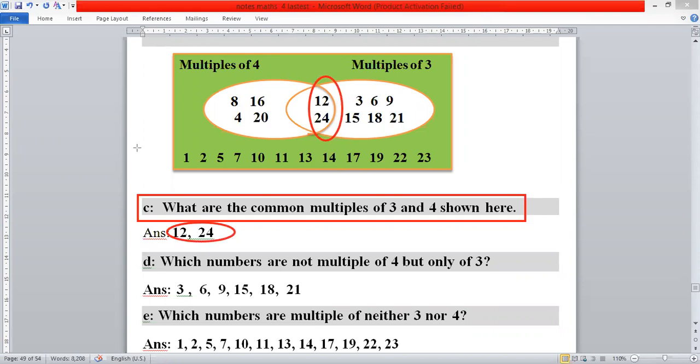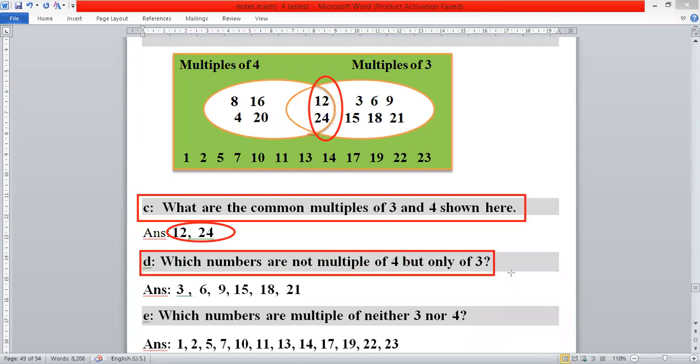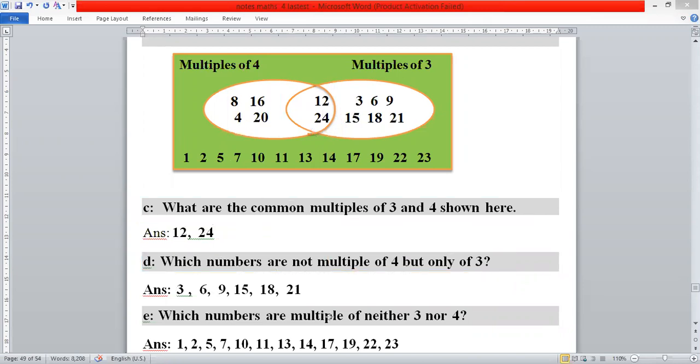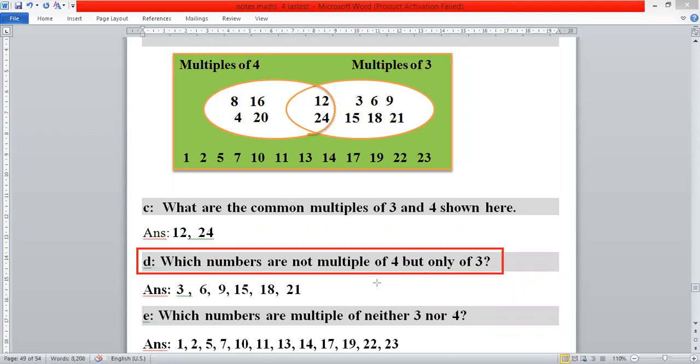The next statement: which numbers are not multiples of 4 but only multiples of 3?